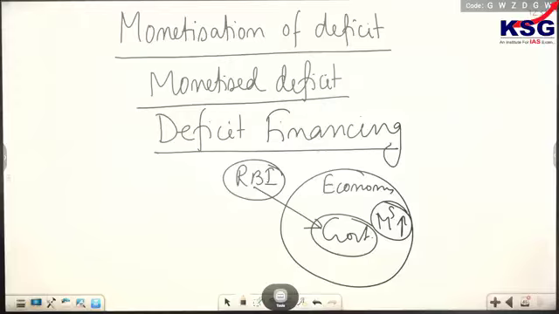and RBI prints new currency to fund the government deficits. Then money supply, or liquidity, will go up in the economy, full stop.